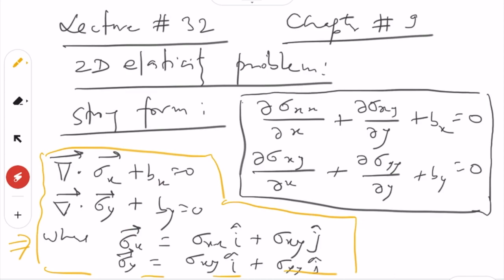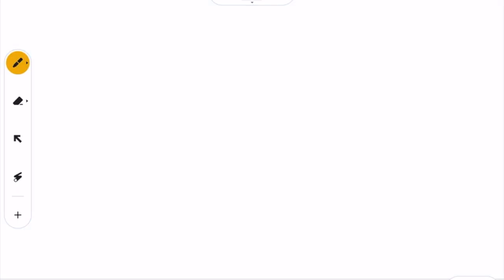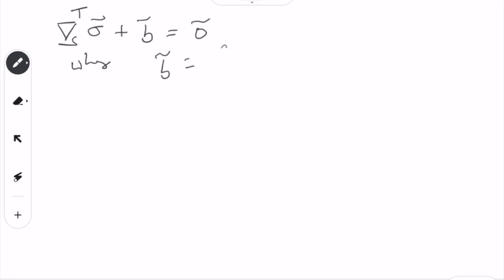Okay, there is also a third way, and the third way is to write in terms of matrices: del s transpose sigma tilde plus b tilde equal to 0 tilde, where b tilde is nothing but bx, by.